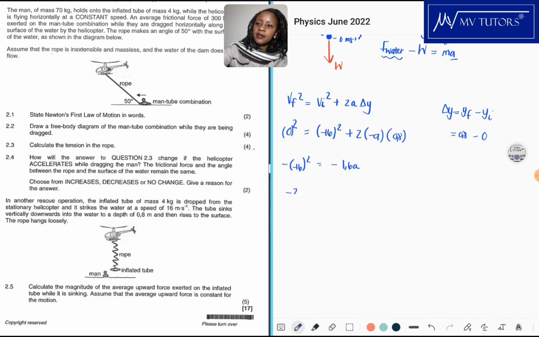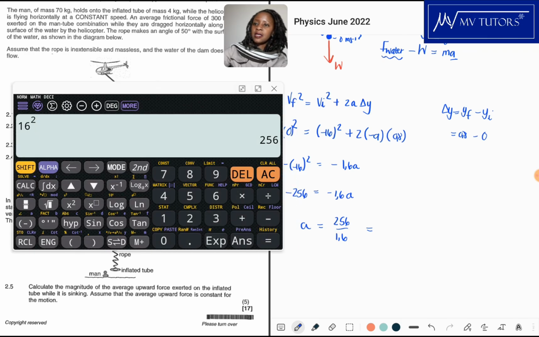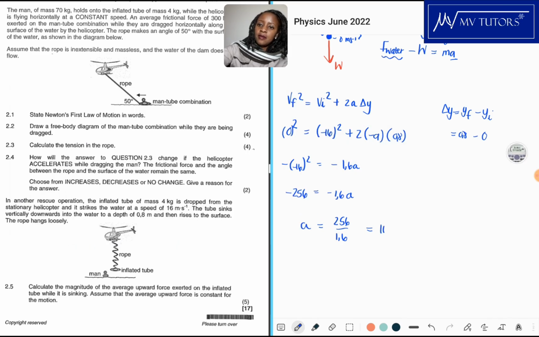So I have negative 256 is equal to negative 1.6a. So acceleration will be 256 divided by 1.6. And that's basically 160 meters per second squared. Does that make sense?